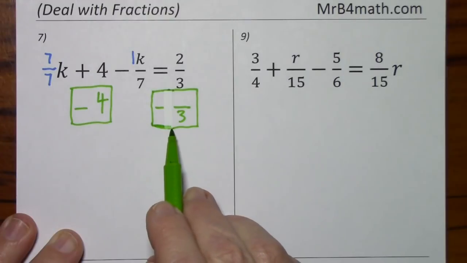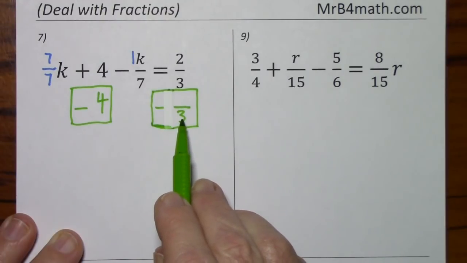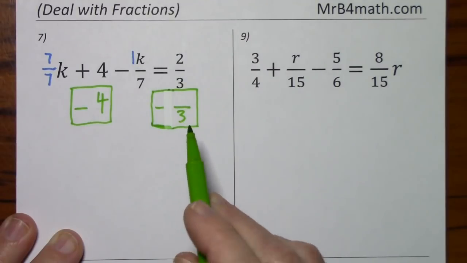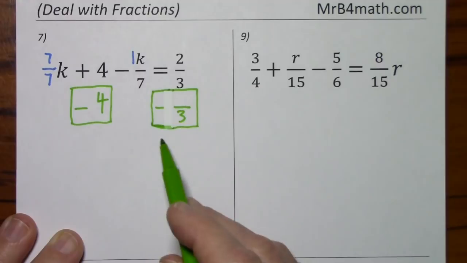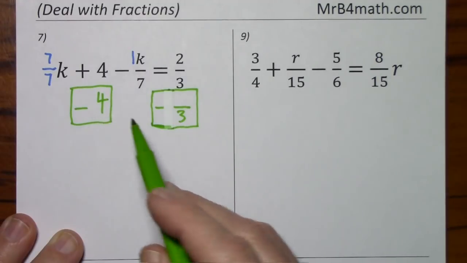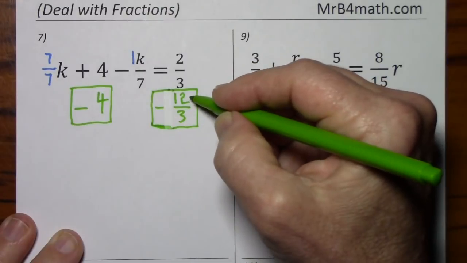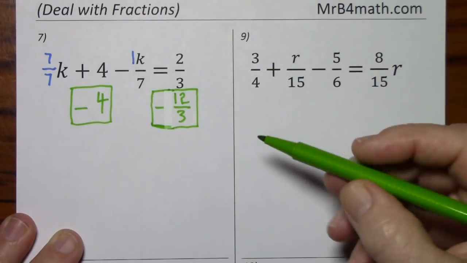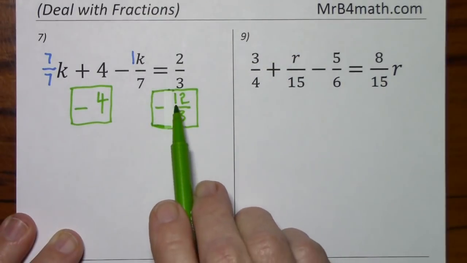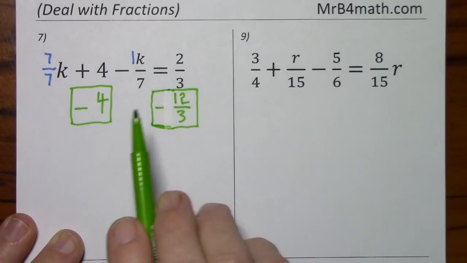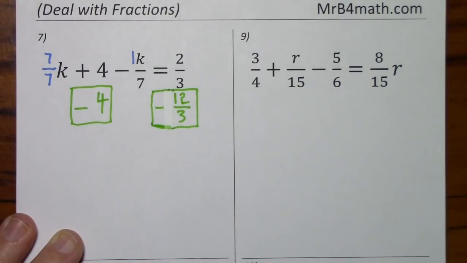I put what's equivalent to a negative 4 on this side with the denominator of 3. So to have this equivalent to 4, I need 3 times 4, or 12 in the numerator. So again, negative 12/3 is just a strange way of writing 4. But now I have common denominators.